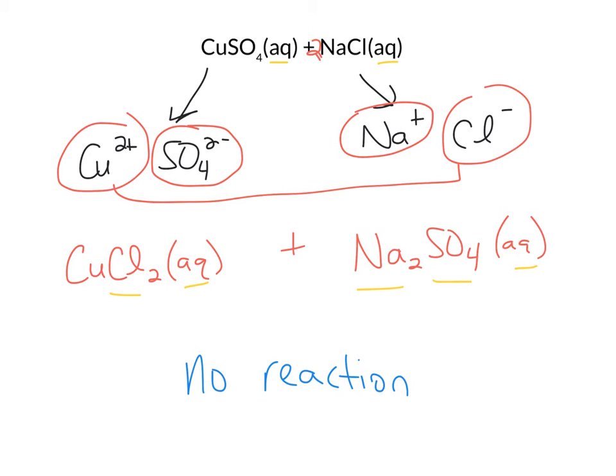The only other things in addition to precipitates, so solid ionic compounds, that we could form that would cause a reaction would be if we formed water, or some sort of gas. But in this case, if you're starting with ionic compounds that are soluble, so aqueous, and you're ending with ionic compounds that are soluble, or aqueous, then there's actually no reaction.